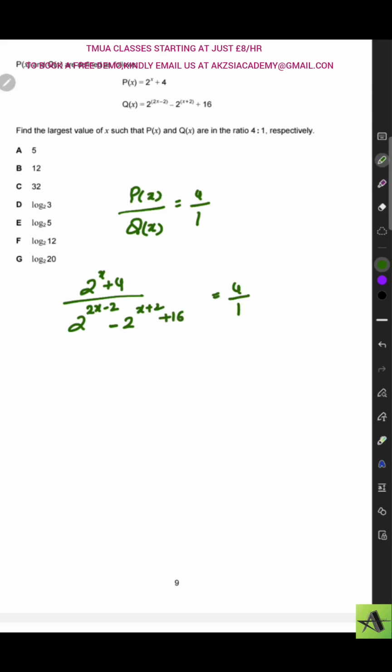Now let me cross multiply. So it will become 2 to the power of x plus 4 equals 4 times (2 to the power of 2x minus 2, minus 2 to the power of x plus 2, plus 16).